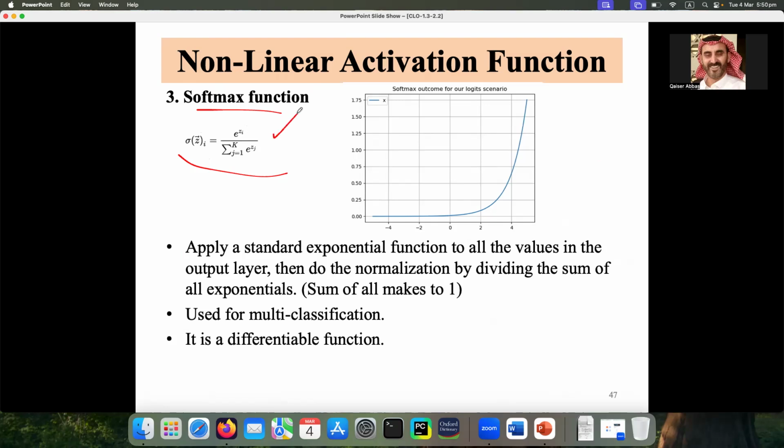So in this softmax, what is the range? If you look over here, you will have positive values and negative values, and it is not up to 1.75. It is going more than that.